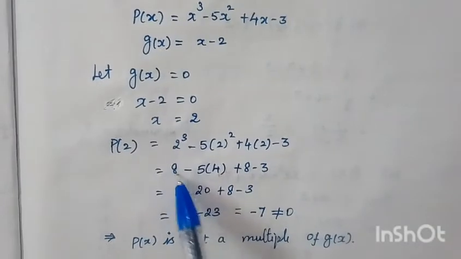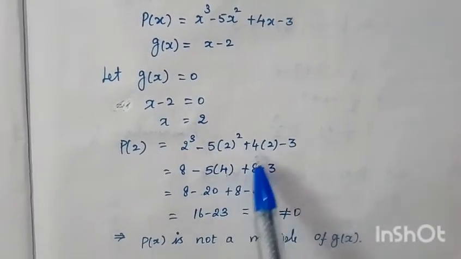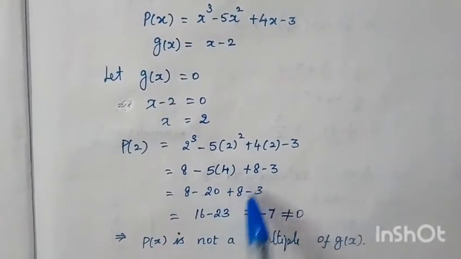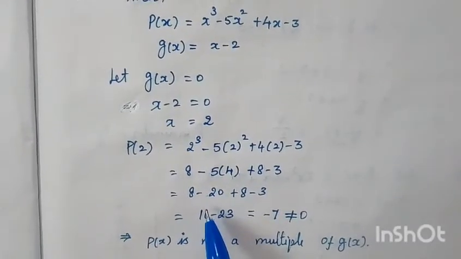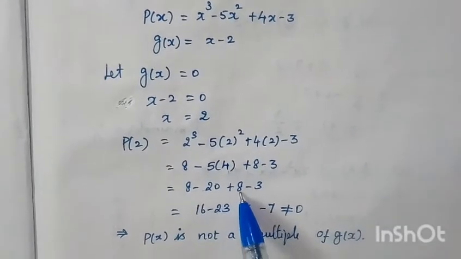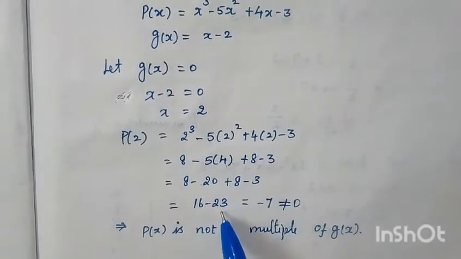Now 2 cube value is 8, minus 5 into 2 square, 2 square value is 4, 5 fours are 20, plus 4 twos are 8, minus 3. Then you have to simplify this. Positive values add together and negative values add together. Positive values 8 plus 8 is 16, and minus 20 minus 3 is minus 23.